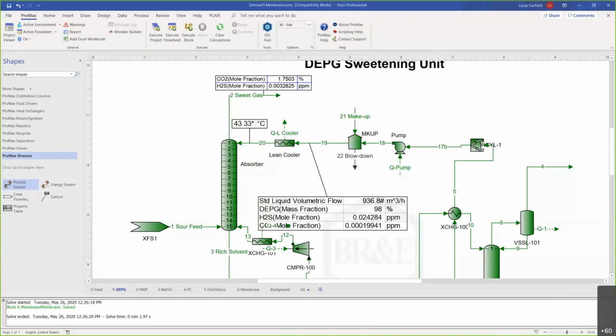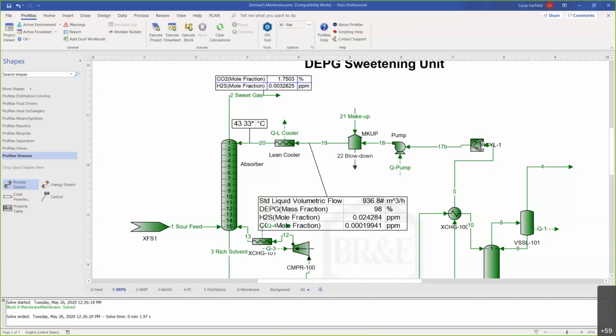Well, the reason, Hussein, that we wouldn't use DEA, as a secondary amine, it's more corrosive than MDEA. It has a higher heat of reaction. It's more difficult to regenerate. And so you can end up basically having a more efficient process if you use MDEA.